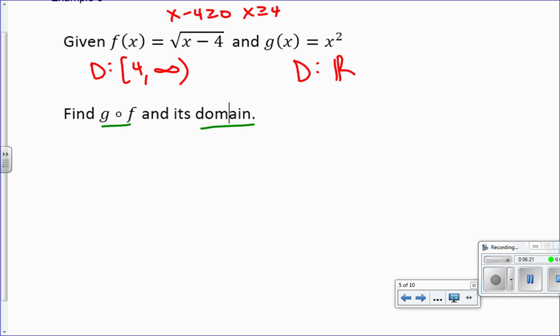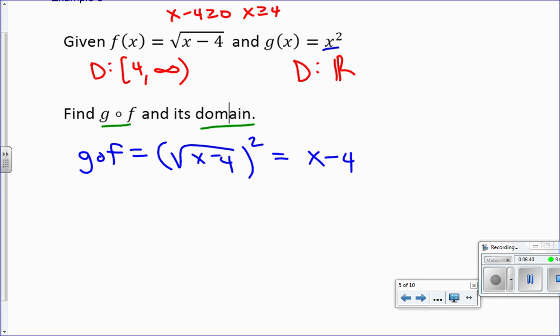When I want g composed with f, it's going to look like this. I'm going to write the g function, which says to square something, and inside that I'll put the square root of x minus 4. So that's going to be x minus 4. So when I find the domain of g composed with f, that's going to be the same as the domain of f intersected with the domain of g composed with f.